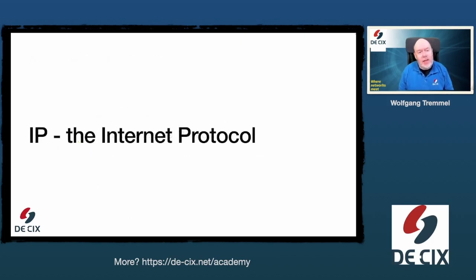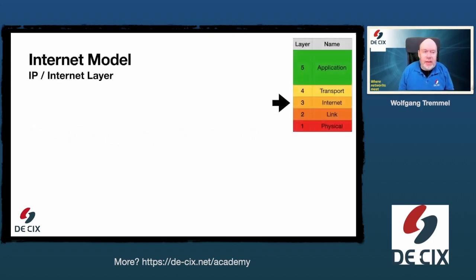Let's get started with a short recap of the IP protocol. We introduced the internet layers, the internet model of how the network layers work together. With the IP protocol, we are on layer 3. The data units here are called packets.